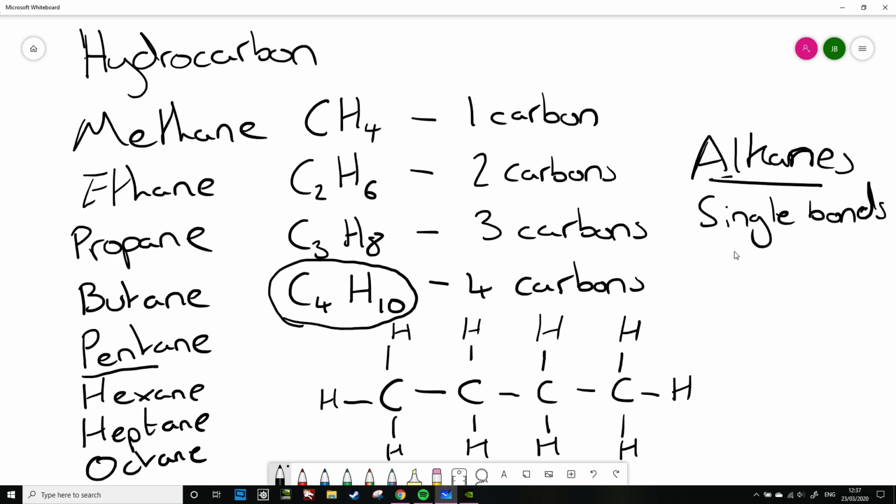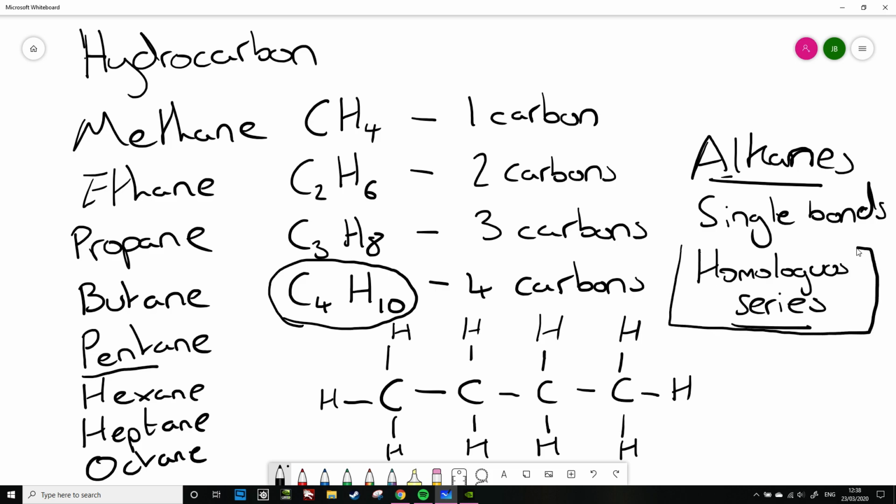Now, because these are all alkanes, they're what we call a homologous series. This is just a series of hydrocarbons that have similar properties and similar look to them. They look the same, similar shape, you should say. So that's our alkanes as a hydrocarbon.